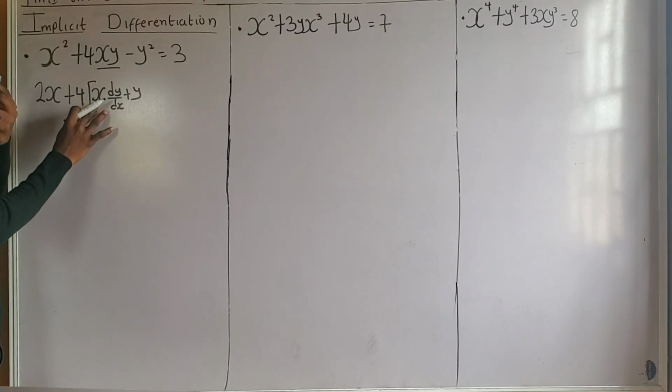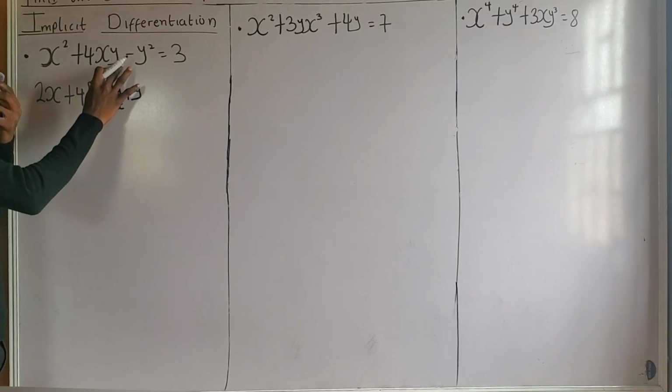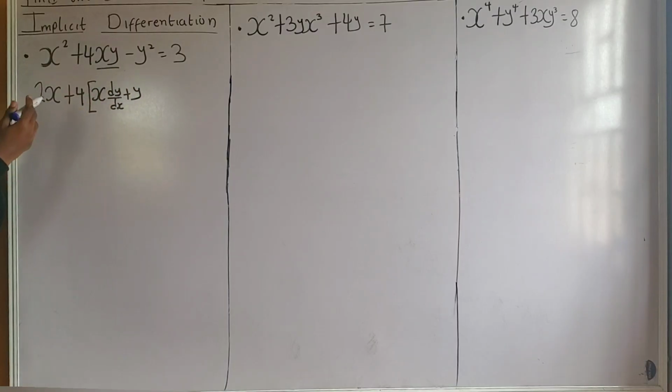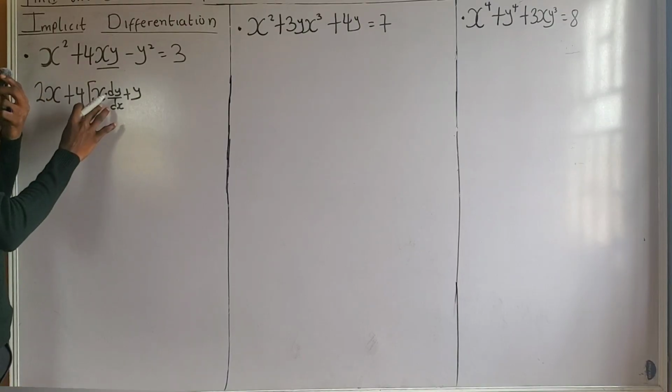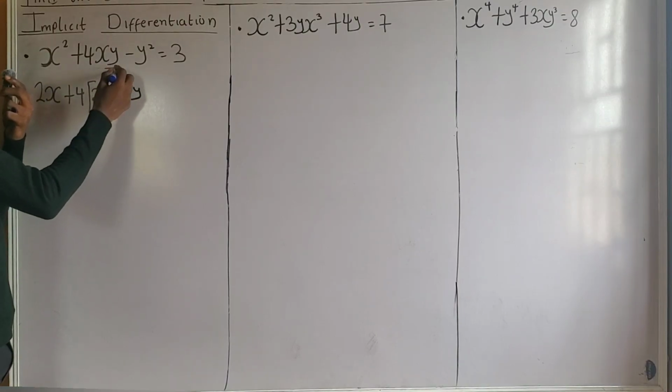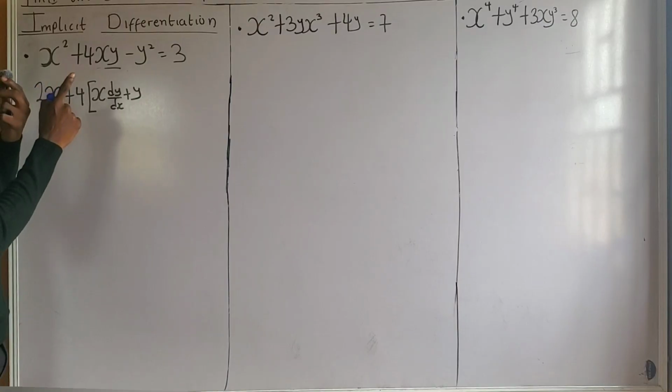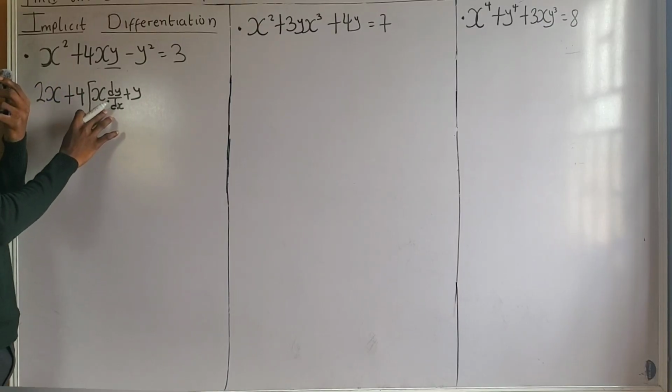You have to keep x constant and find the derivative of y. And because in this function we are differentiating y with respect to x, anytime we take the derivative of any component of y, we are going to multiply that derivative by dy dx. So if you differentiate y, you're going to have 1. 1 times dy dx will give me dy dx. So that's why I have this.